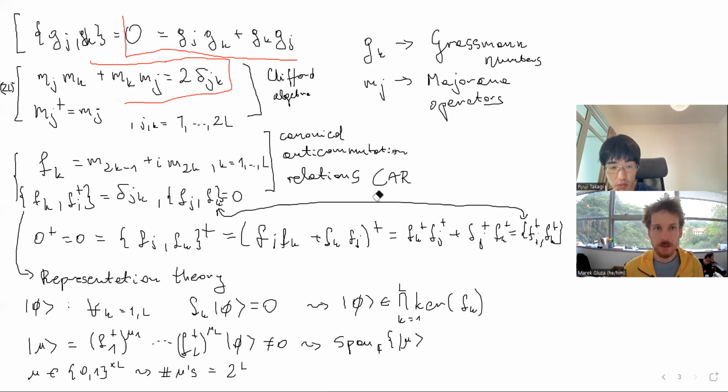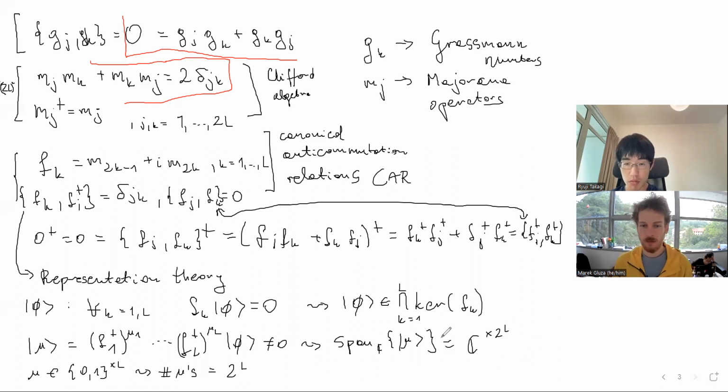And the span of this is C to the power 2^L. So basically we have this space. This space you could also view as computational basis states of qubits.